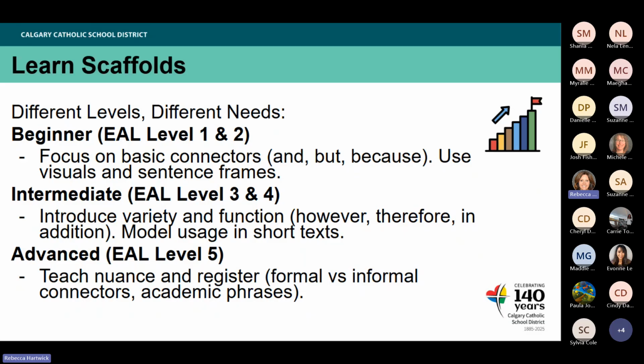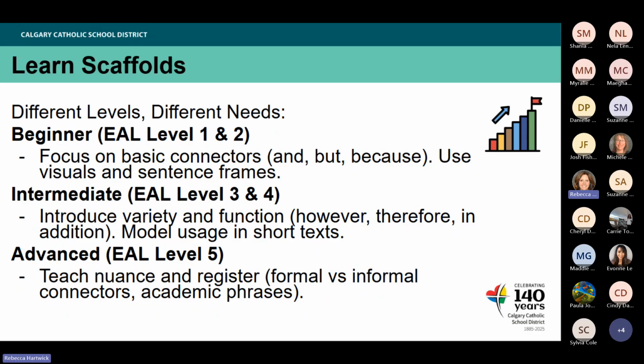For our intermediate EAL level 3 and 4 students, you could introduce variety in function. So instead of always only using and, but, or because, we could think about other words that we could use and try to only use a cohesive device once in their writing or in their speaking and try to use a different one the next time. So however, therefore, in addition, and you could model usage in short texts.